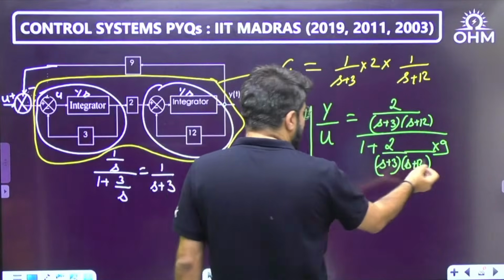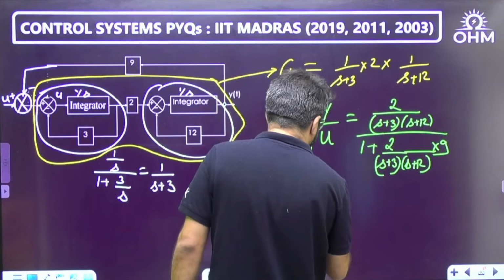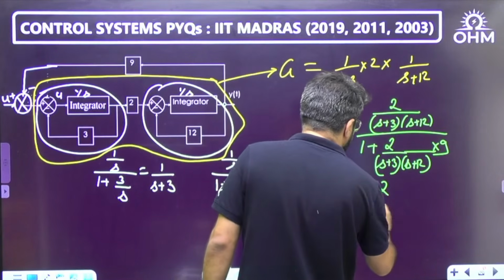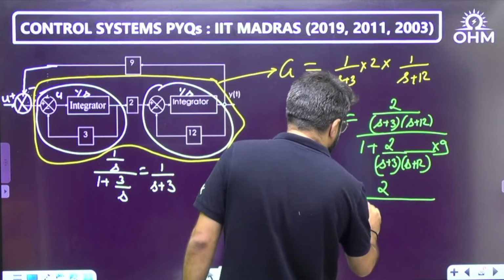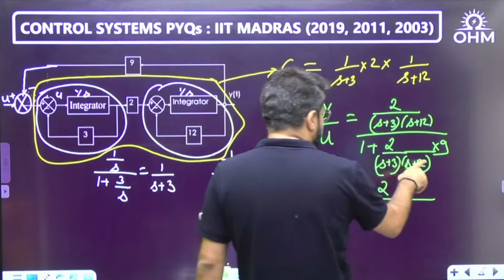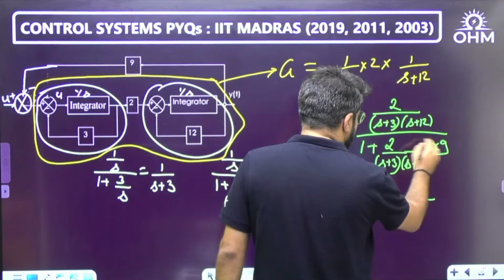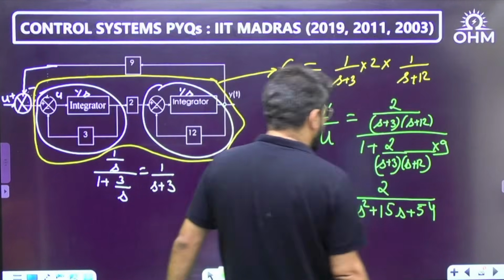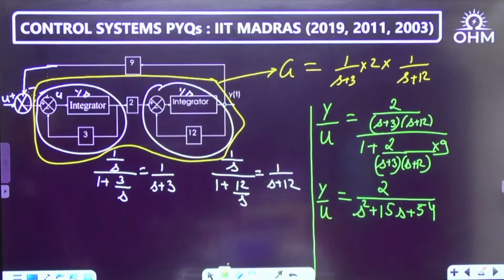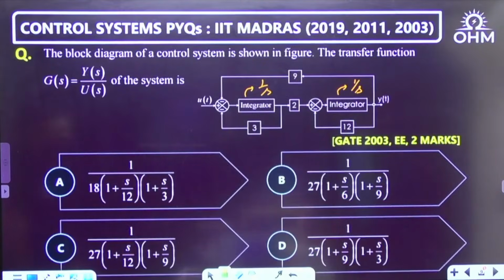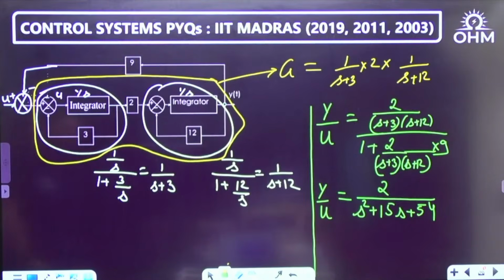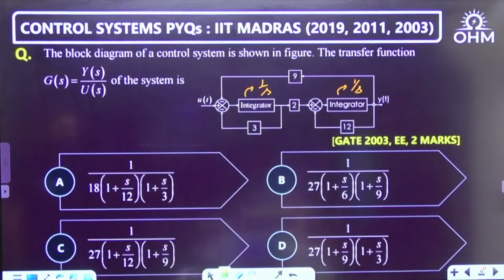Now when you multiply by (s plus 12) throughout, you will get y by u equal to 2 divided by s square plus 15s plus 36 plus 18, which is 54. So 2 upon s square plus 15s plus 54. They have written it in the factorized form only, so no problem, we can do that as well.